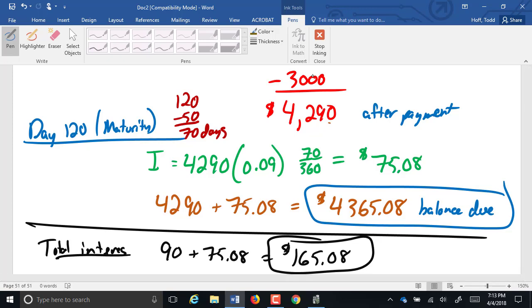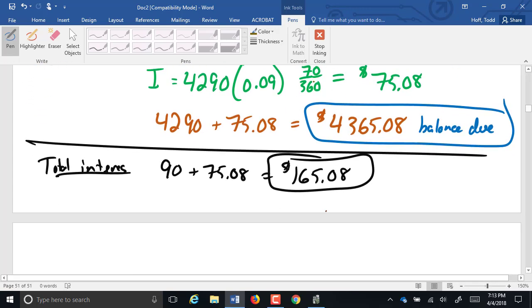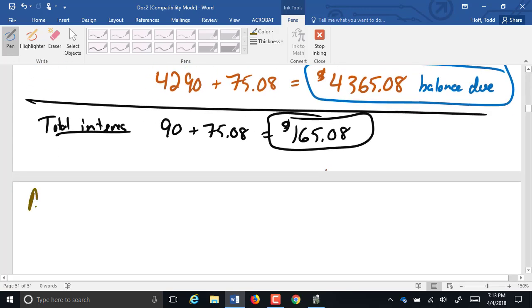Okay, I'll give you a second. There is a third part then, the amount saved.